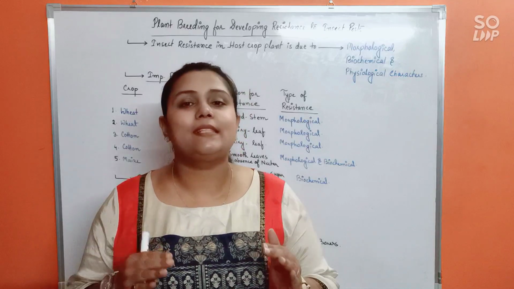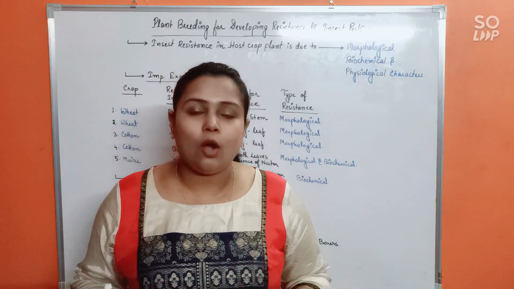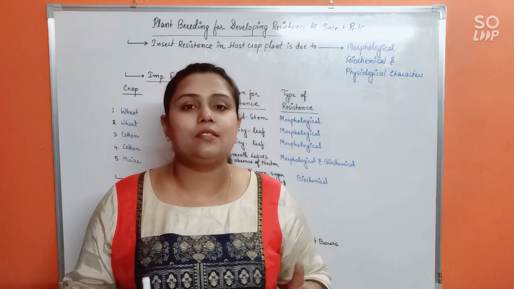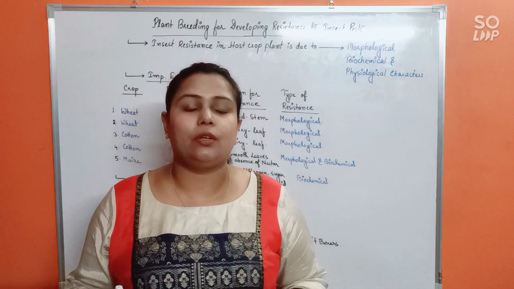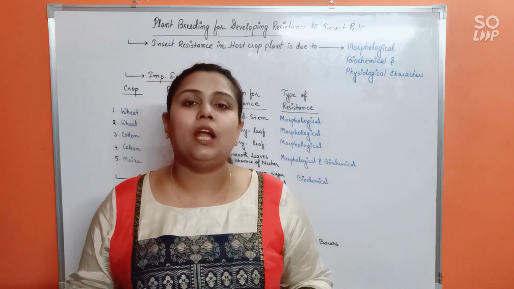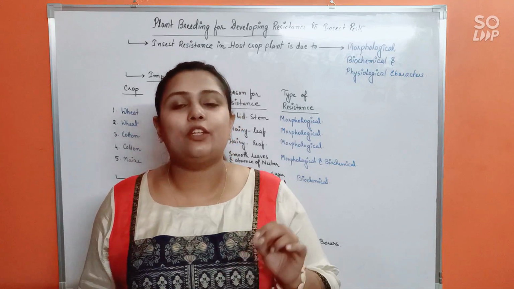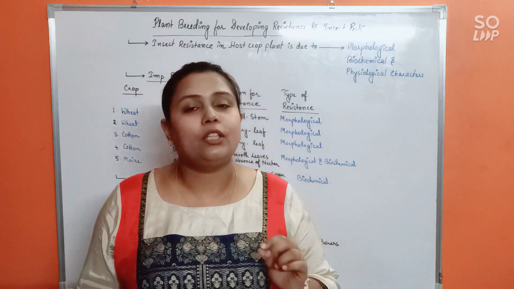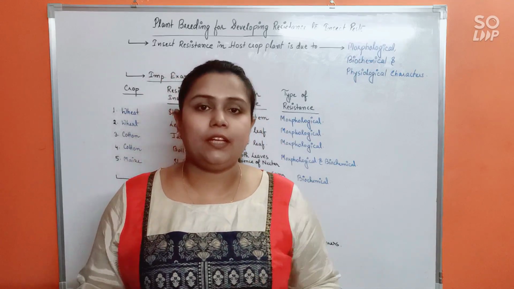So it is exactly the same manner in which conventional plant breeding is done, which we discussed under the disease resistance part. Only the parental plants chosen from the germplasm should carry insect or pest resistance genes.